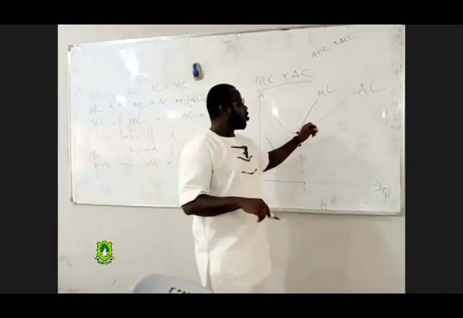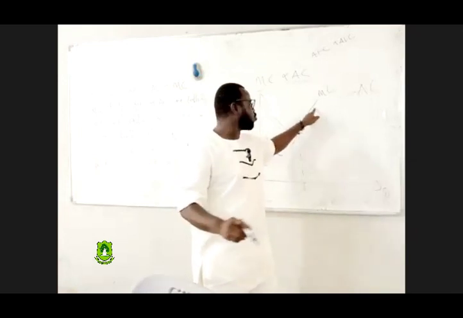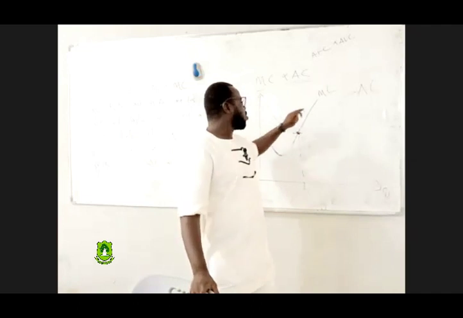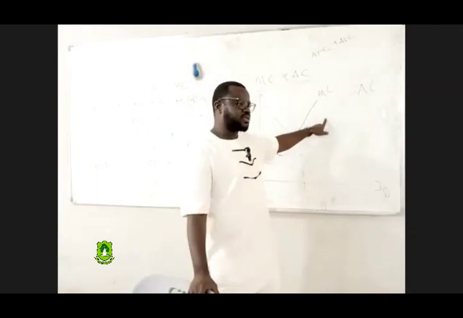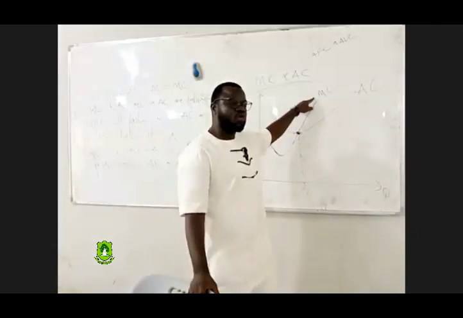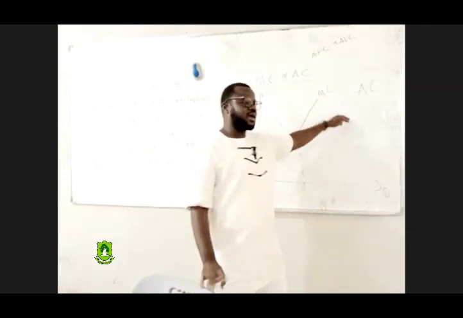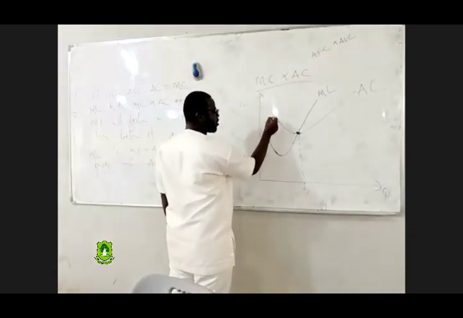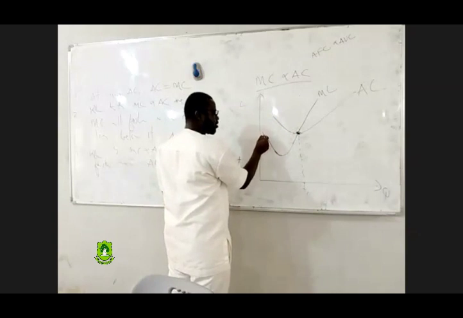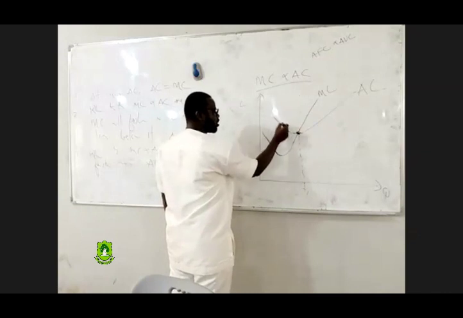In other words, when your average cost is increasing, your marginal cost must also increase. Or when your marginal cost is increasing, average cost must also increase. But the rate of increment in marginal cost will be higher than the rate of increment in average cost. When average cost is falling, your marginal cost must also fall. Is that not right? When your marginal cost is falling, average cost must also fall. But the rate of fall or decrease will be what?